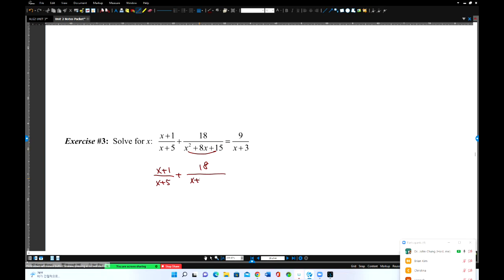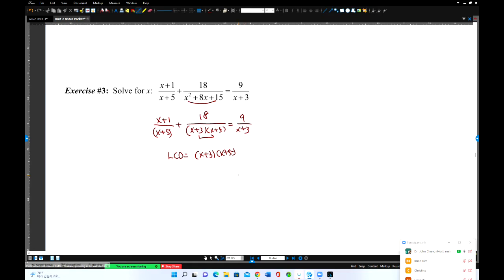So it's going to be x plus 3, x plus 5. And that equals 9 over x plus 3. So we have 3 factors: x plus 5, x plus 3, another x plus 3. LCD is what? Only these two, right? They all have x plus 5, they have x plus 3. LCD equals what? x plus 3 and x plus 5. That's the LCD.